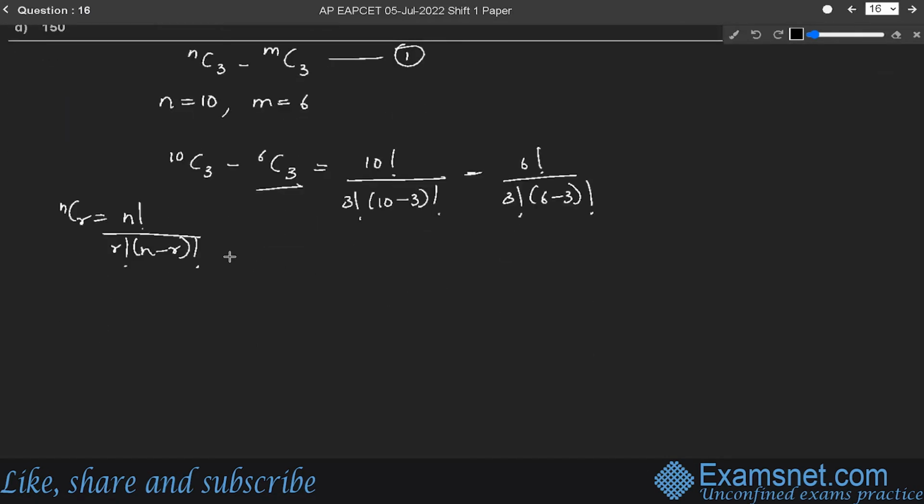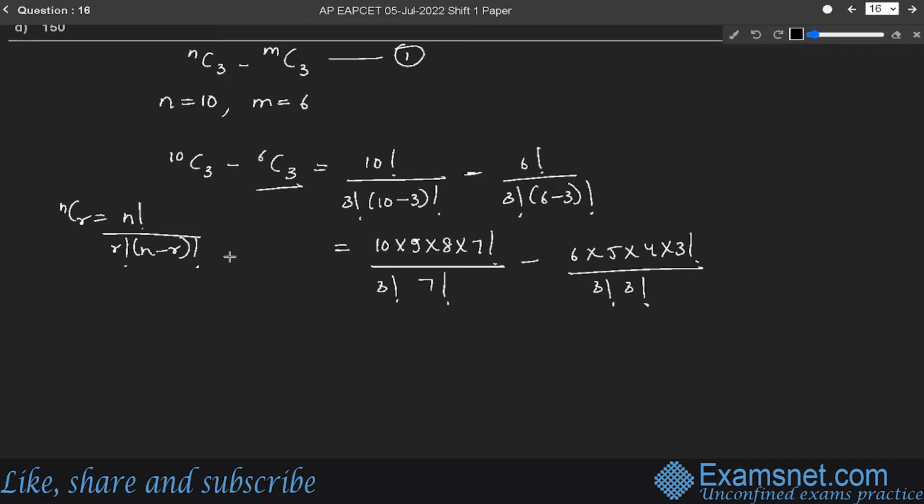On further solving this, it becomes 10 into 9 into 8 into 7 factorial divided by 3 factorial into 7 factorial, minus 6 into 5 into 4 into 3 factorial divided by 3 factorial into 3 factorial.